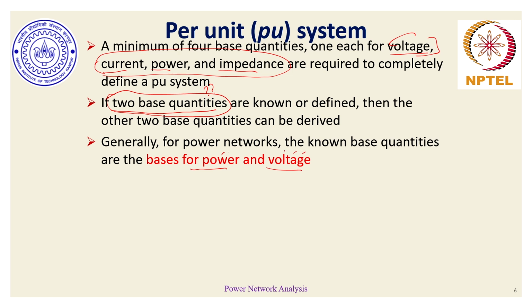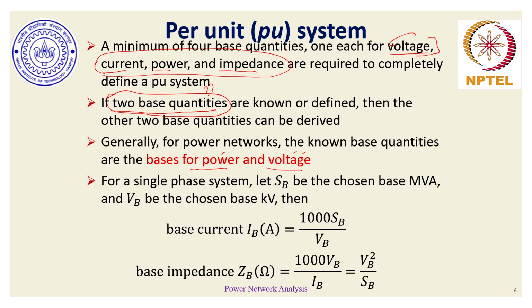So essentially, let's say for a single phase system, if we know the base power, which is, let's say, SB, in mega volt ampere MVA, and the base voltage is in, let's say, kV, the corresponding base current IB, since it is a single phase system, is nothing but the ratio of power by voltage. So we have a factor of 1000 here because our base power unit is MVA, whereas we have chosen base voltage in terms of kV.